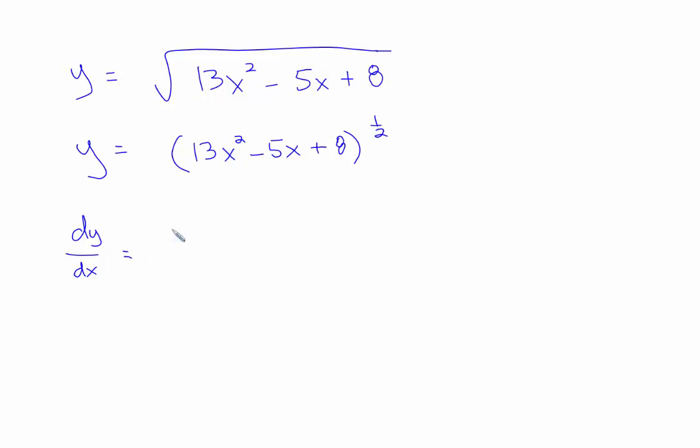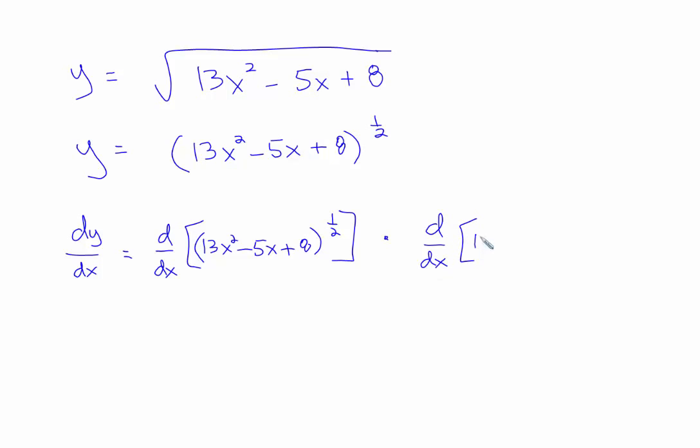To get the derivative of y, we take the derivative with respect to x of the whole thing, 13x squared minus 5x plus 8 to the 1/2 power, times the derivative with respect to x of the inside, which is 13x squared minus 5x plus 8.